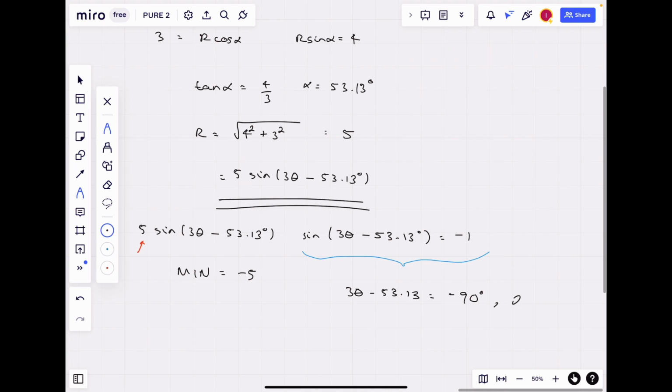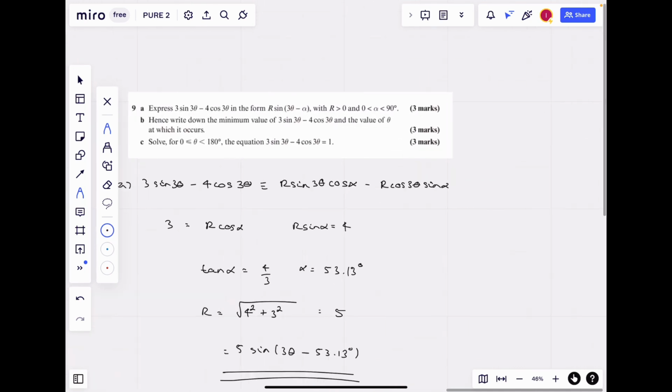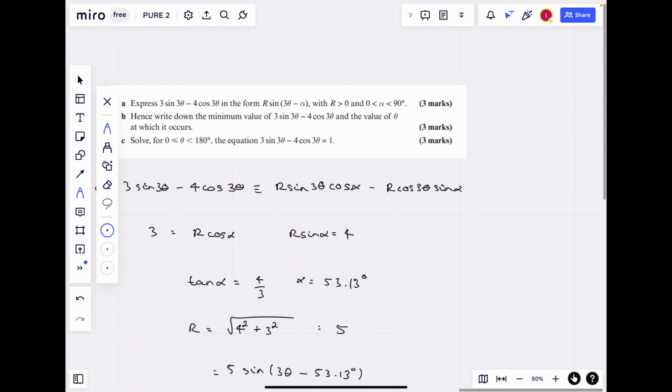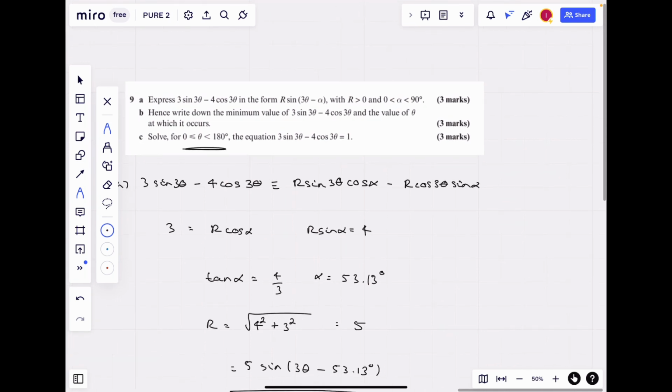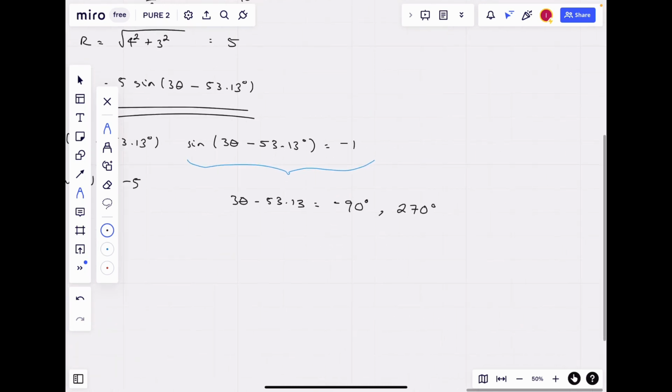And then the equivalent is 270 degrees. Okay? If you remember, alpha or theta here is between 0 and 180. So we can't go with minus 90.